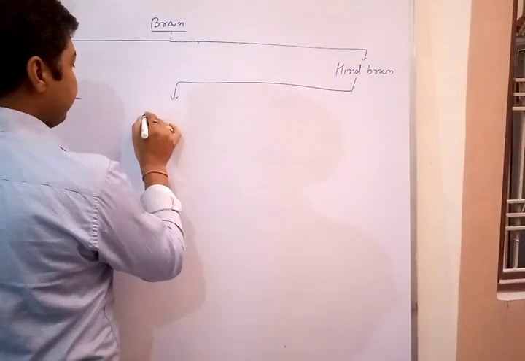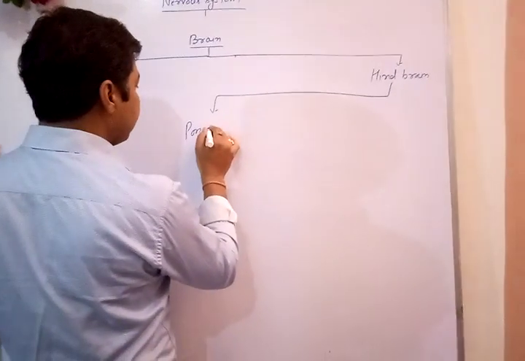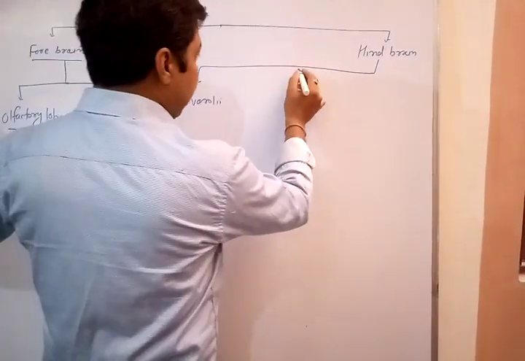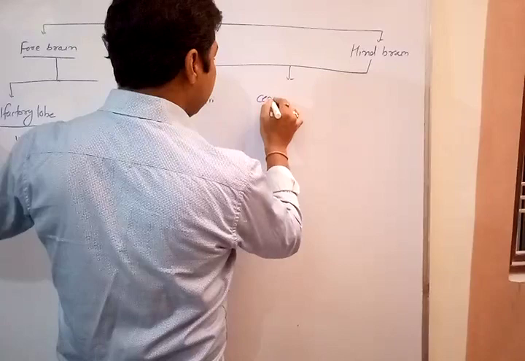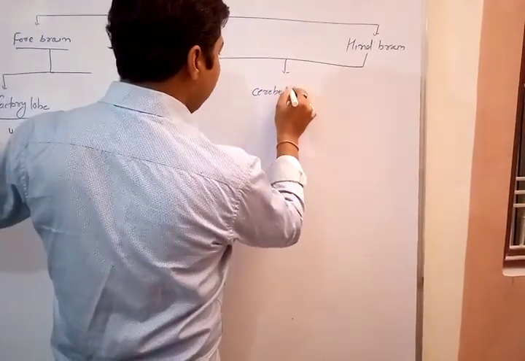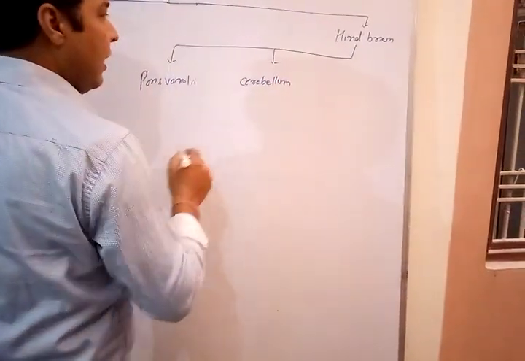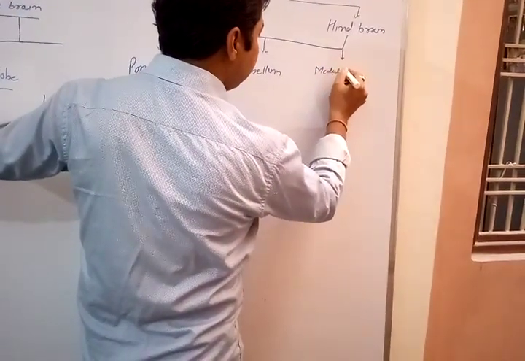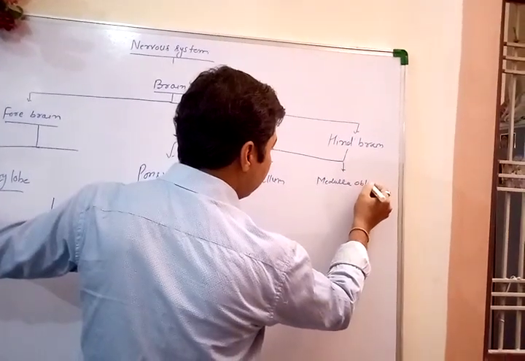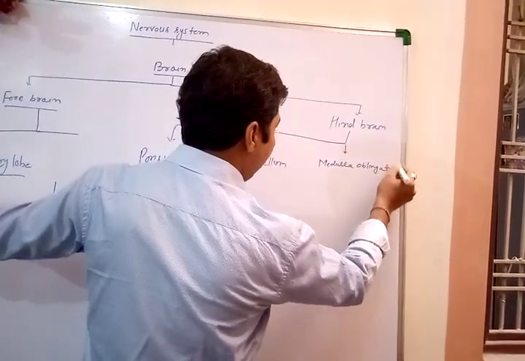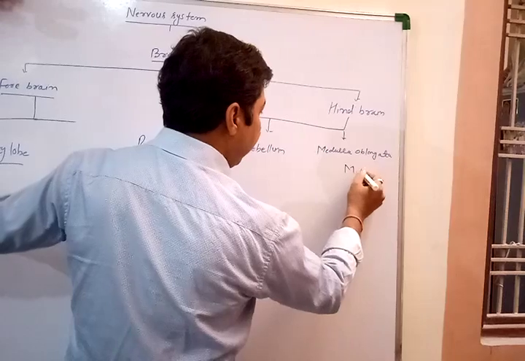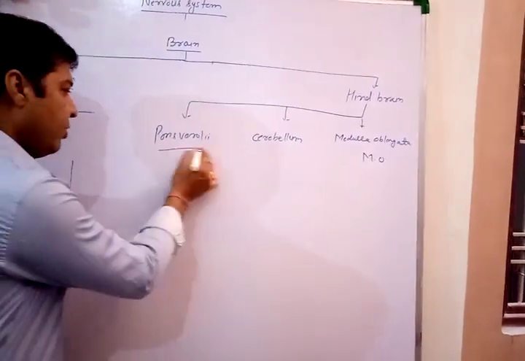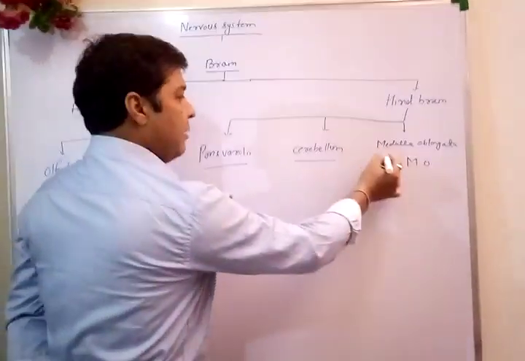The first is pons varolii, second is cerebellum, and third is medulla oblongata. In short, it's called MO. So the hindbrain has three parts: pons varolii, cerebellum, and medulla oblongata.